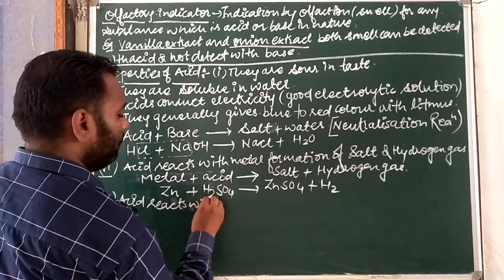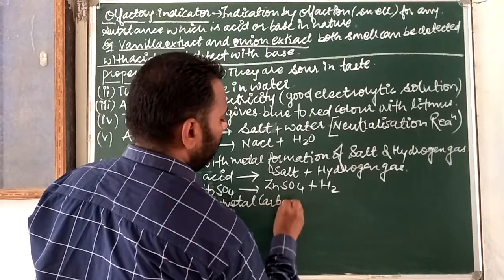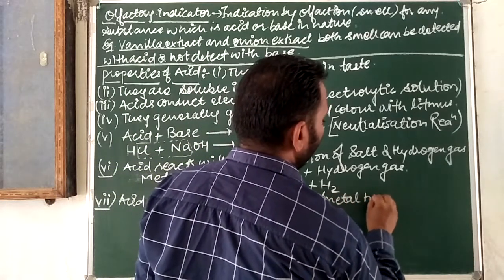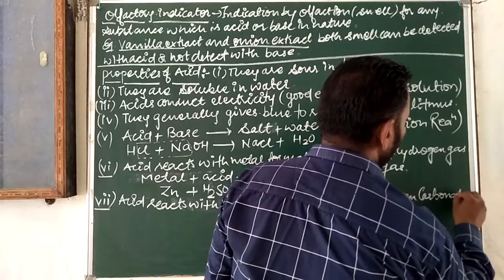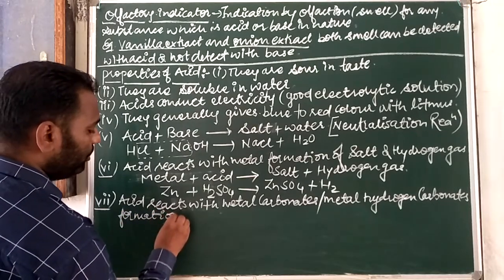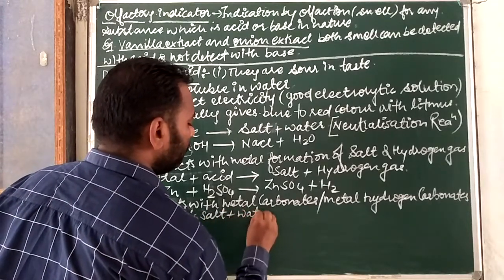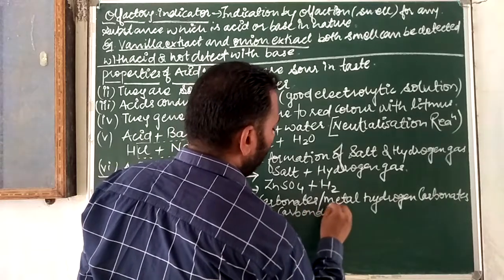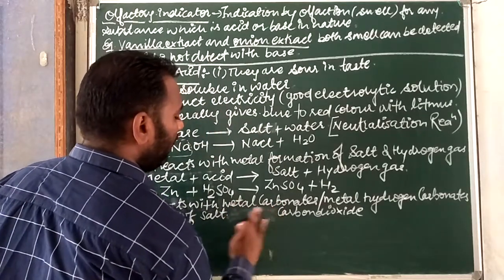Acid reacts with metal carbonates or metal hydrogen carbonates, forming salt, water and carbon dioxide.